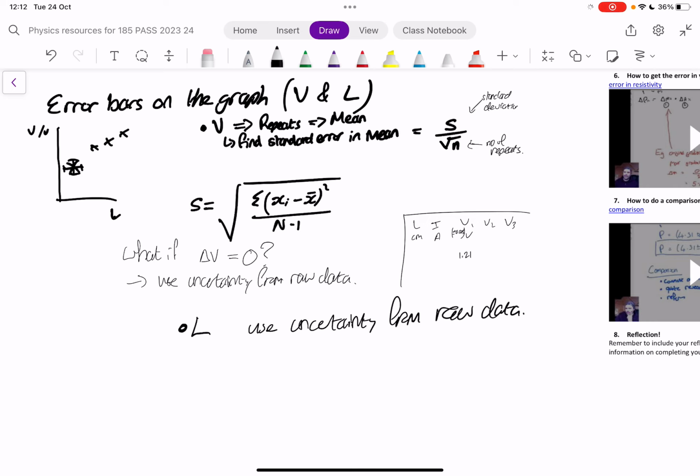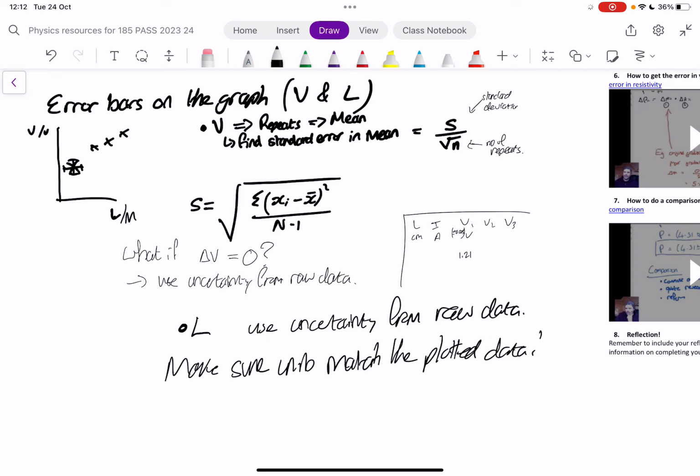If your uncertainty was recorded in millimetres or centimetres, but your length axis is recorded in metres, you must make sure you're trying to put the uncertainty in the same value. Otherwise, you're going to end up with really big error bars when your errors are not remotely that big. So make sure the units match. Volts for volts, metres for metres. And that's all you should be dealing with. You shouldn't be dealing with millivolts or centimetres at this stage.